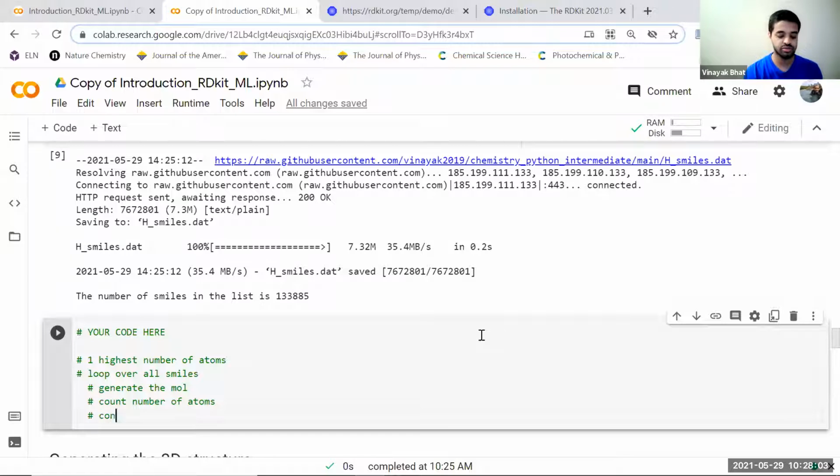Put a condition to find whether it's the largest one. And just enter. So, anyone done with this code to get the molecule with the highest number of atoms? Do you want me to work through this code for you?